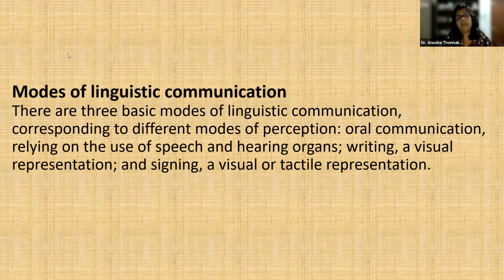So oral communication is based on speaking and hearing. Writing is based on visual representation, and signing, you know, sanketaatmaka, is a visual or tactile representation. Visual means something that we can see. Tactile means something which we can touch.